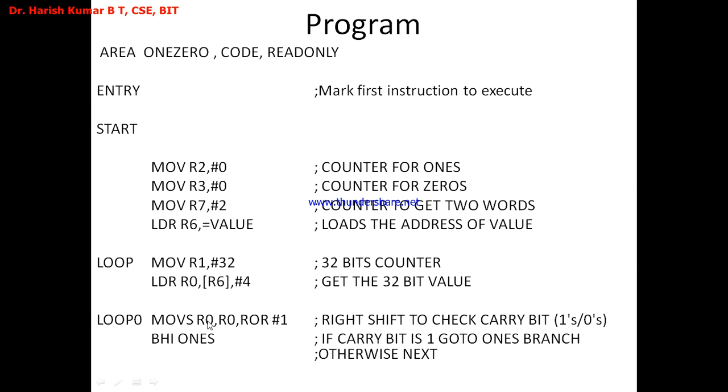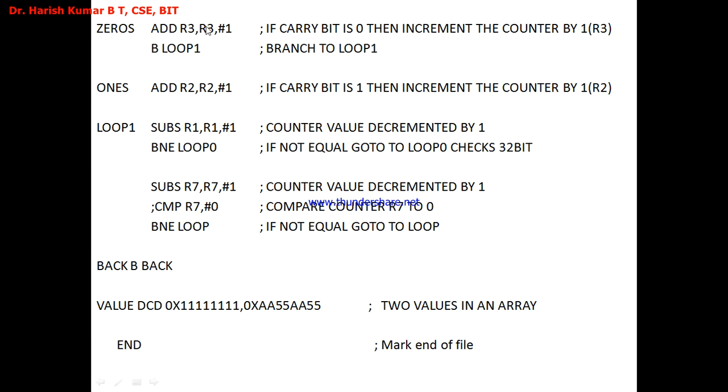Now again keep rotating right the second number also. Whenever 1 goes to the carry flag, it branches to ones. If 0 goes to the carry flag, it comes here only and increments R3 by 1. If 1 goes to the carry flag, R2 is incremented by 1, otherwise R3 is incremented by 1, and this is repeated for 32 times.